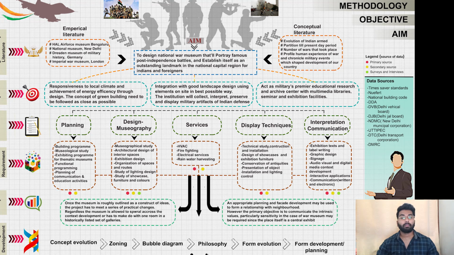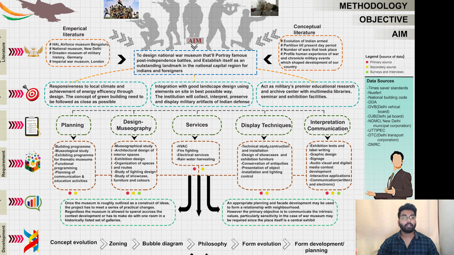Supporting the aim, I'm going to go with the background study and literature. One is the empirical literature, and the second one is the conceptual literature. Under the empirical literature, here it goes: HAL Air Force Museum, Bangalore; National Museum, New Delhi; Dresden Museum of Military History, Germany; Imperial War Museum, London.